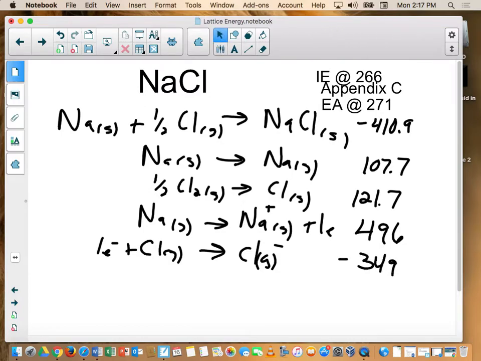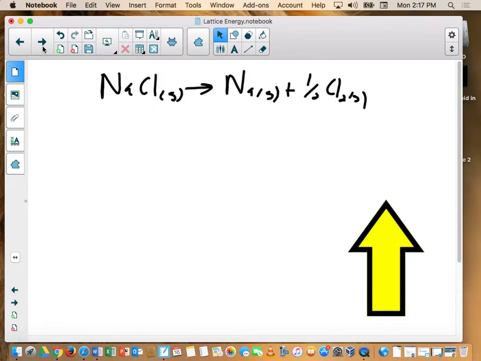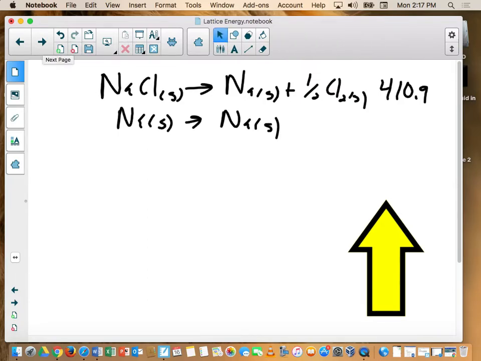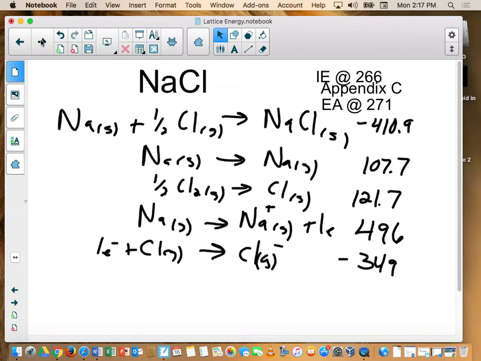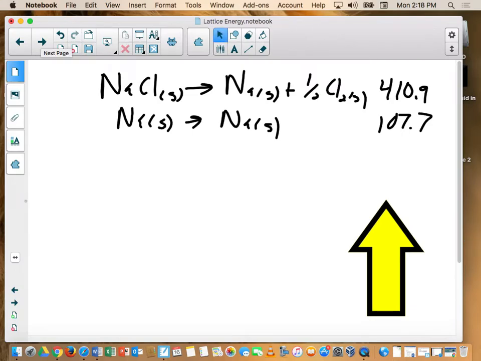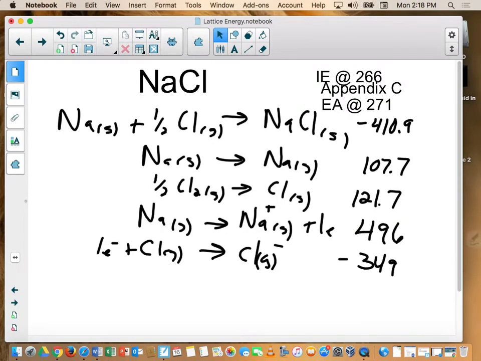So again, if we flip it, instead of being negative 410.9, it's positive 410.9, and then taking Na solid to Na gas, you see that is 107.7. All right. Then we want to ionize it.